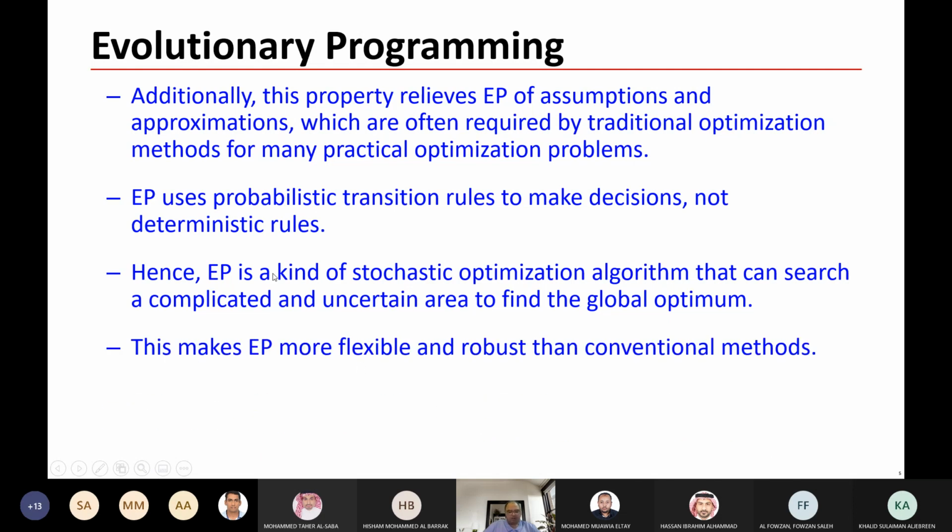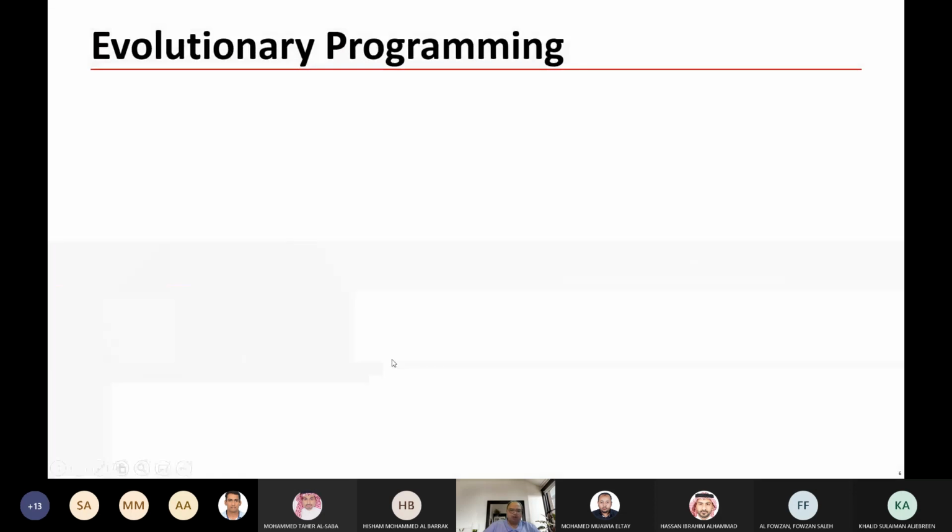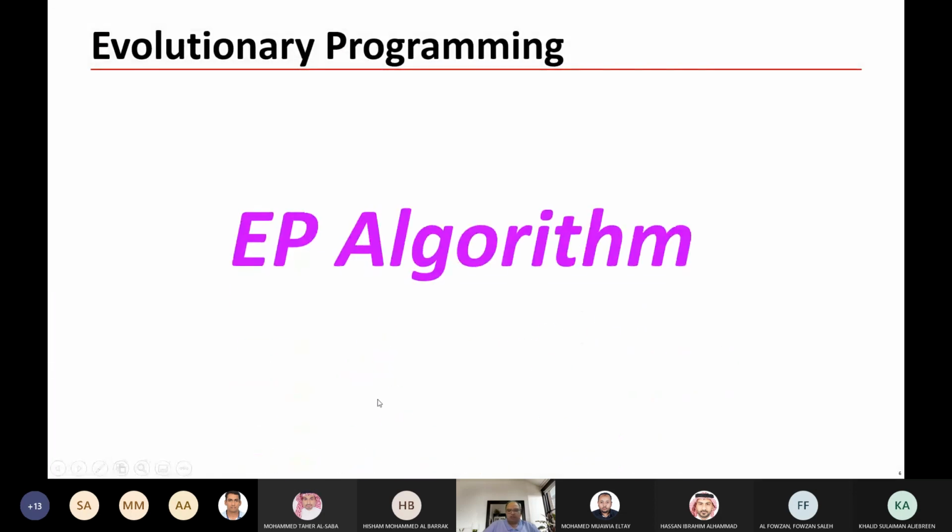This feature makes EP more flexible and robust than conventional methods. So let us see the algorithm step by step. But again, we need to emphasize that these advantages are for the family of population-based techniques.